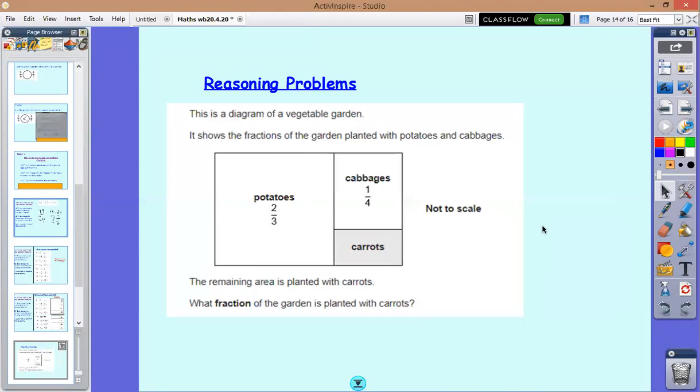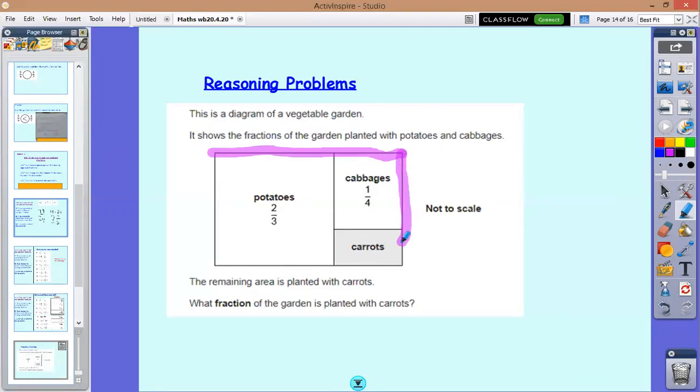Now, one of the key things that we always need to do is ask what can I see in this question? So what I can see in this question straight away are shapes. Really important. Shapes and fractions really link together. So I can see one rectangle, another rectangle, and another rectangle. So these 3 shapes make one big rectangle. So I'm just going to highlight on the side the one big rectangle.